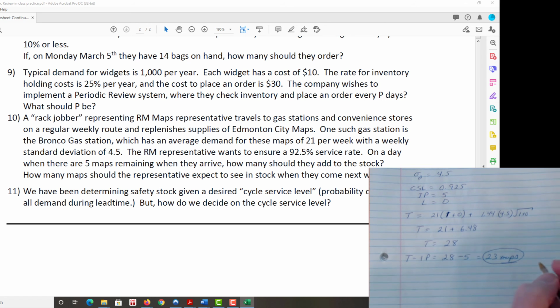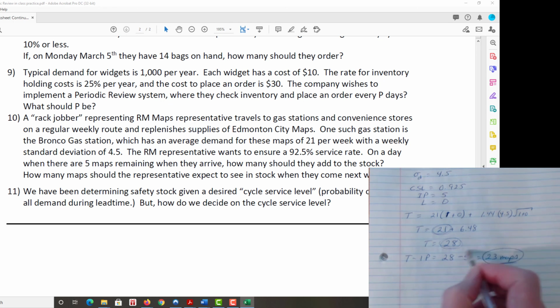Now, when the representative comes back, what would they expect? The keyword there is expect. That means sales are as per average, which means sales are 21. You have 28, and what's left is just the amount of the safety stock. So we would expect to see 7 maps still there next week.